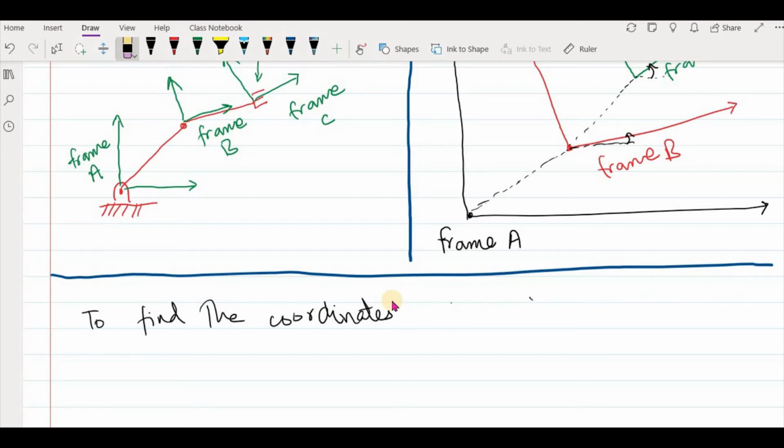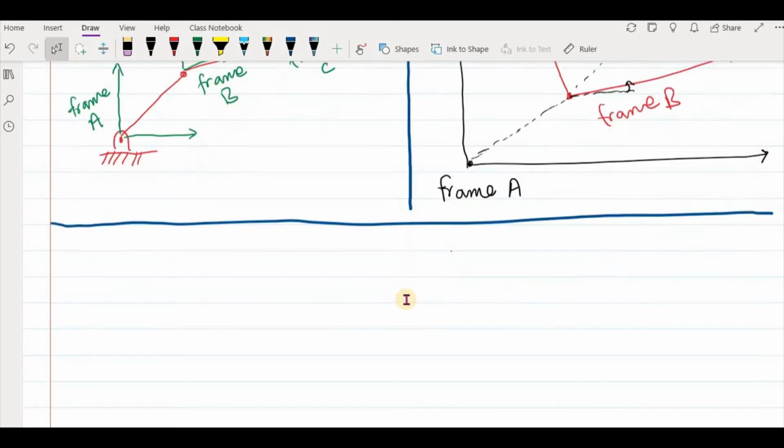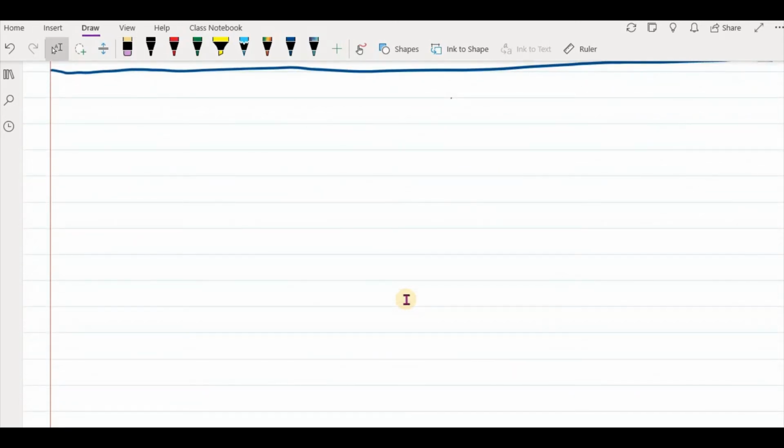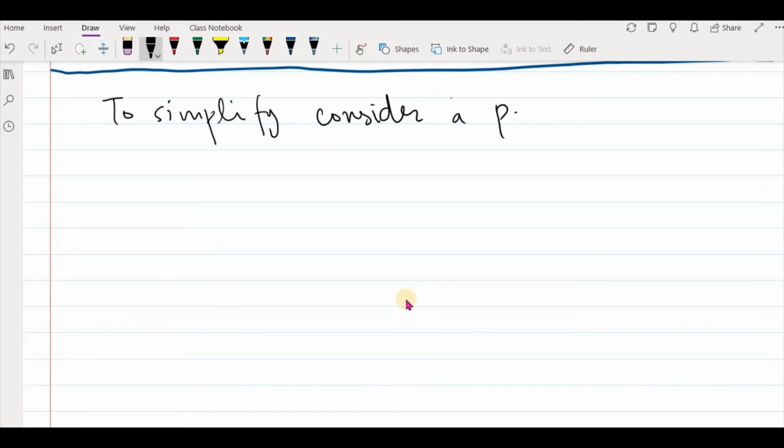Let's redraw it. To simplify, consider a point on the gripper.